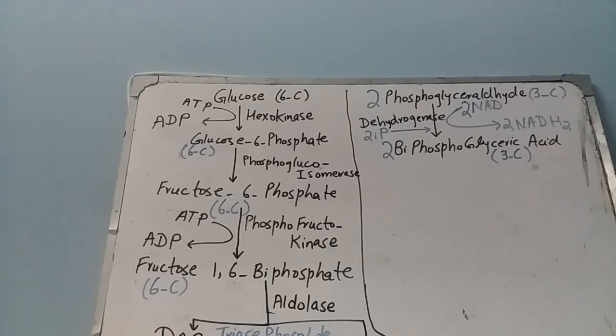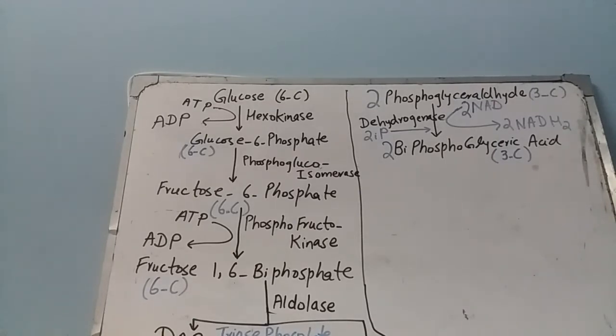In the next step, there are two molecules of phosphoglyceraldehyde. The phosphoglyceraldehyde utilizes a phosphate group, inorganic phosphate from the cytoplasm, and is converted into biphosphoglyceric acid, which is again a 3 carbon compound. And NAD, which is a coenzyme, is reduced to NADH2 with the help of a dehydrogenase enzyme.